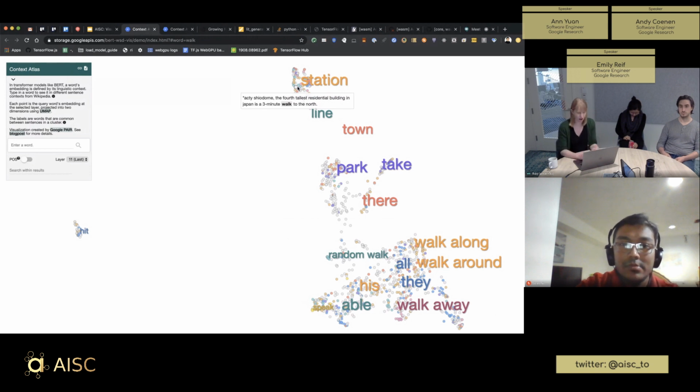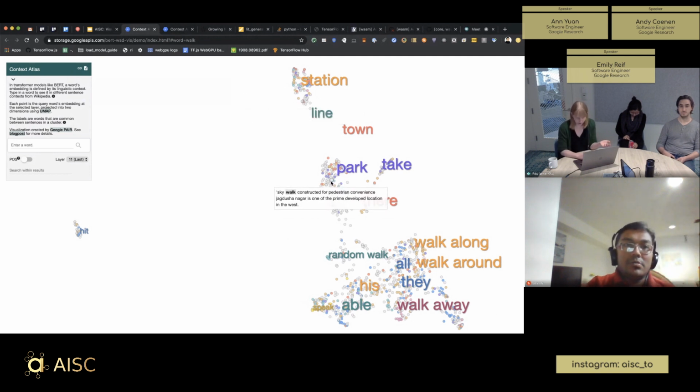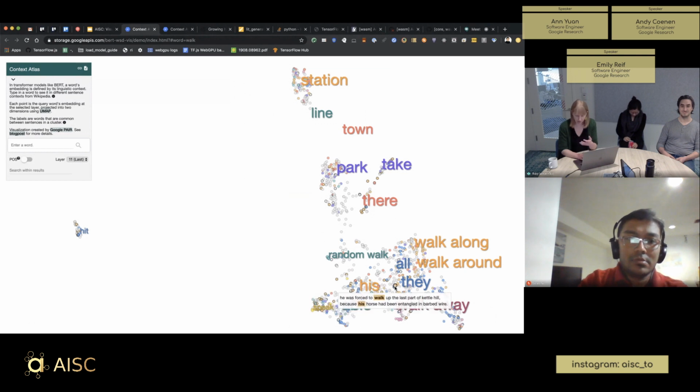Immediately we see this top cluster is a 3-minute walk, a short walk away, short walks, where walk is the noun. Similarly down here, you've got the sky walk, you have your contemplative walk, the walk begins. So you have these nouns, and then down here we have the verb cluster.